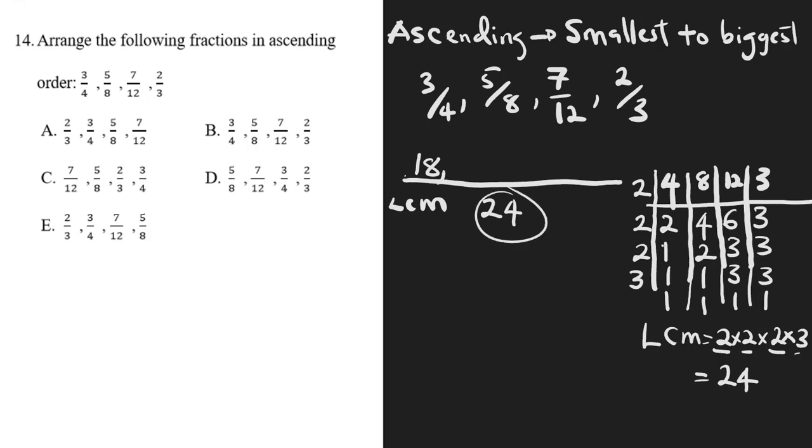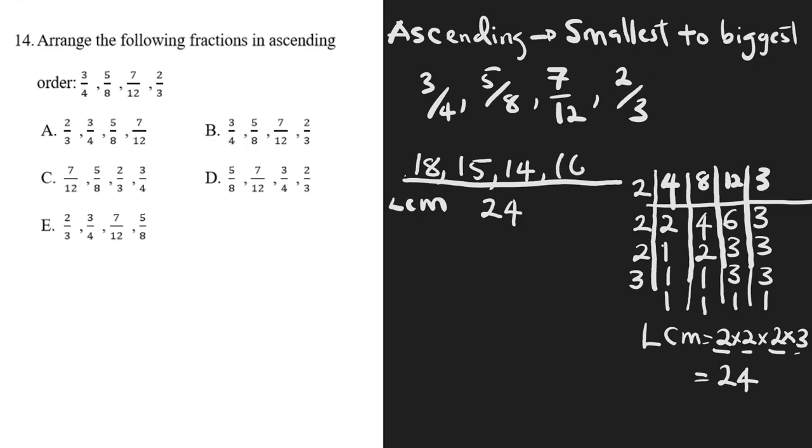Comma. 24 divided by 8 is 3. So 3 times 5 is 15. So write 15 here. Comma. 24 divided by 12 is 2. And 2 times 7 is 14. Then we write 14. Then 24 divided by 3 is 8. And 8 times 2 is 16.